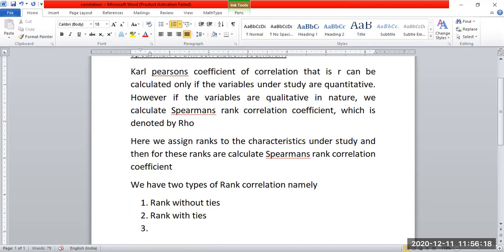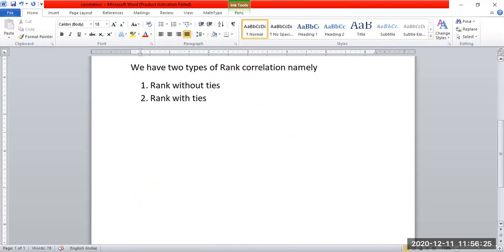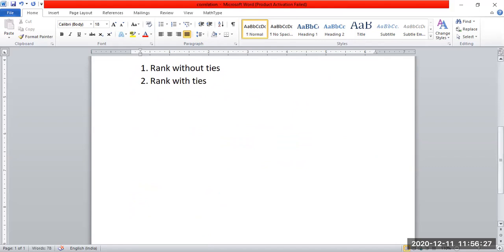Can we go to the first one now? This is very important. The first one we write is rank without ties. Please all of you make a side note, rank without ties.